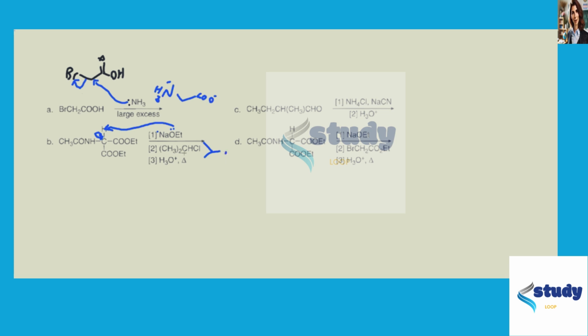The leaving group is on this carbon, and then acid hydrolysis removes CO2 and ethanol. After step 1 you obviously get the carbanion. After step 2 you get something that looks like this.